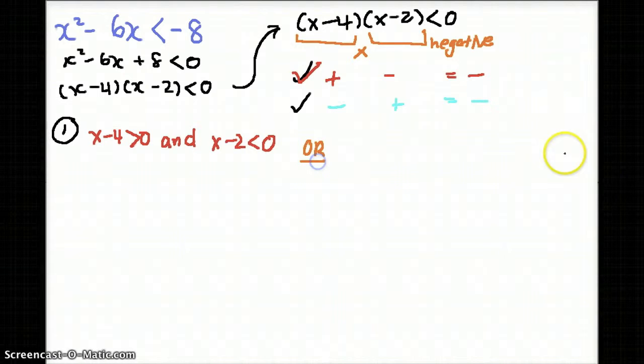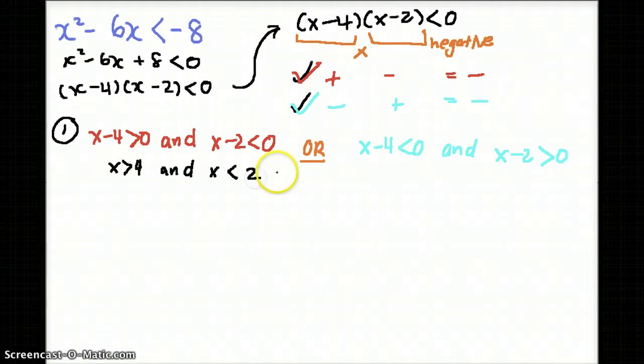Or second part, x minus 4 is less than 0 and x minus 2 is greater than 0. So we can either have positive and negative, or we can have negative and positive. So then we're going to solve these inequalities. So we get x is greater than 4 and x is less than 2, or x is less than 4 and x is greater than 2.